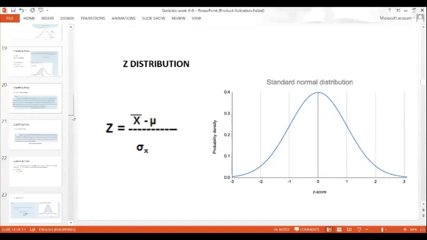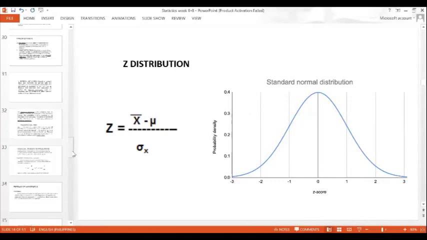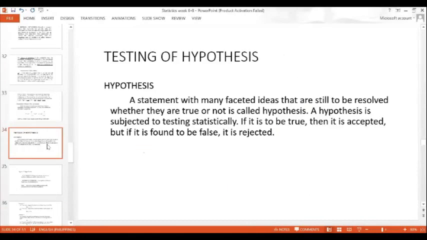So, continue lang natin for the hypothesis testing last time. Ito na yung naging discussion natin or nakatay dito sa discussion natin na to for the testing of hypothesis. Okay.